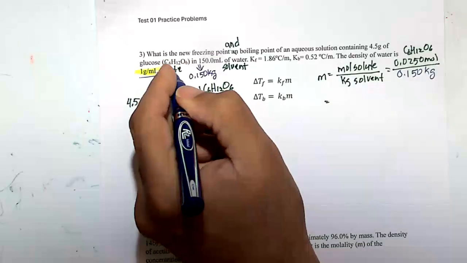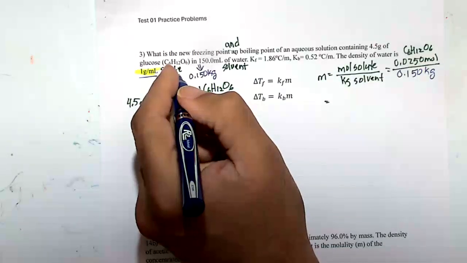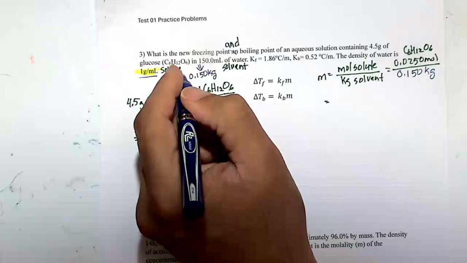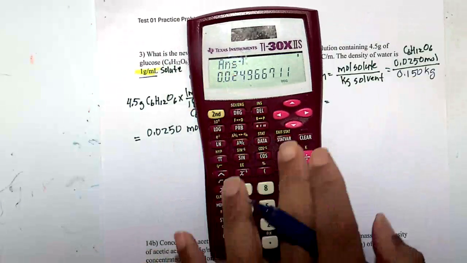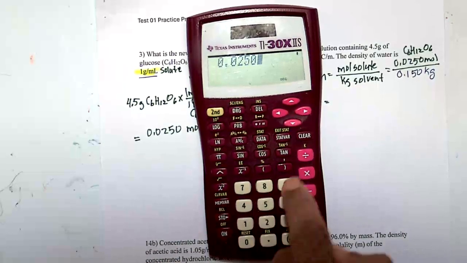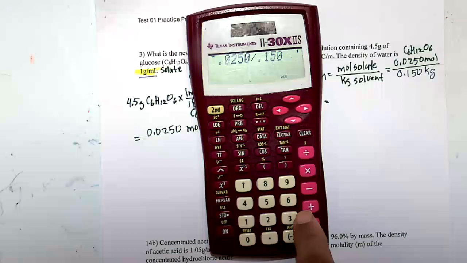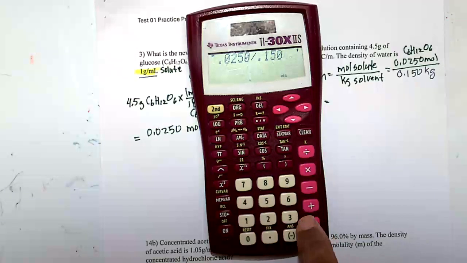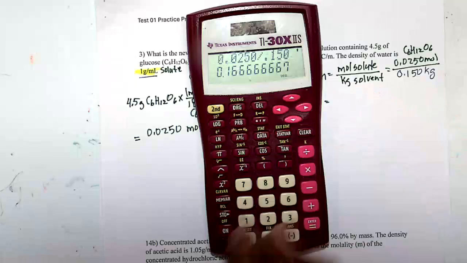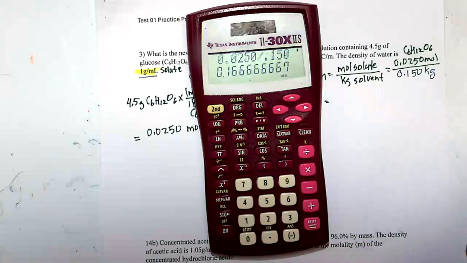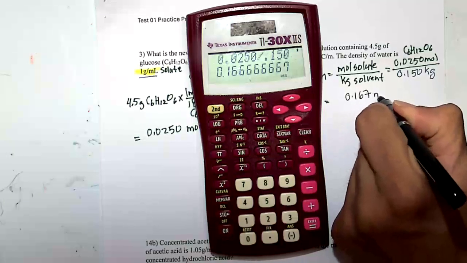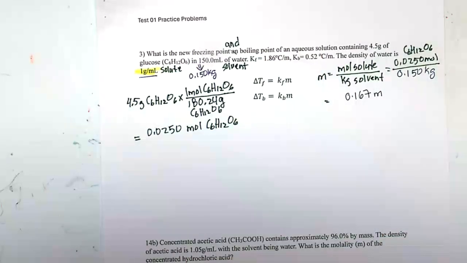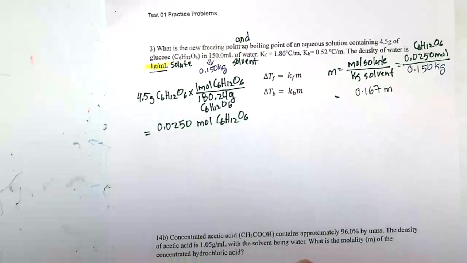The density of water being 1 gram per mL is a number that I always memorize. So our molality is 0.0250 divided by 0.150, which is 0.167 molal. Just double-checking my calculations.